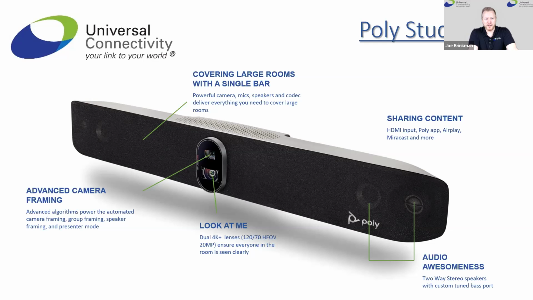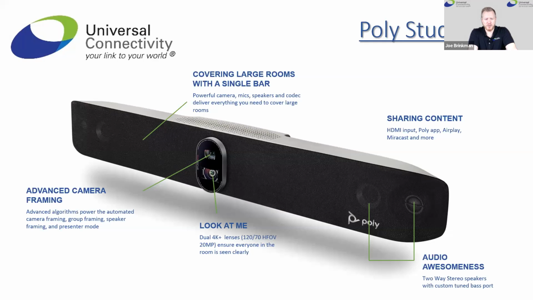You're still able to prevent distracting noises and side conversations from interrupting your meetings with NoiseBlockAI and Acoustic Fence technology, which I'll go into a little bit further in just a minute. You're able to share content through the HDMI input, Apple AirPlay, Miracast, the Poly app, whatever sharing avenues you have.